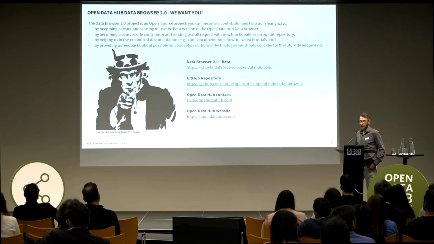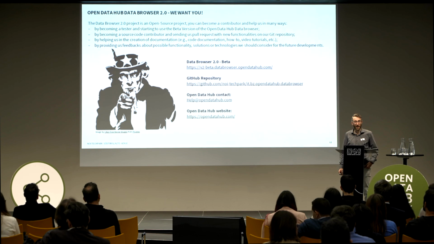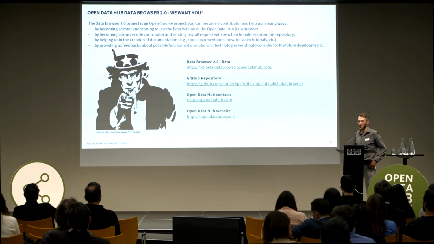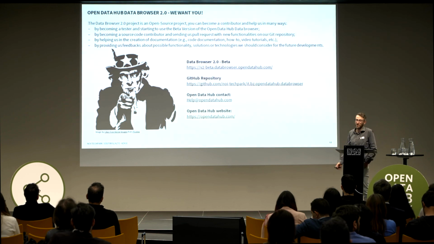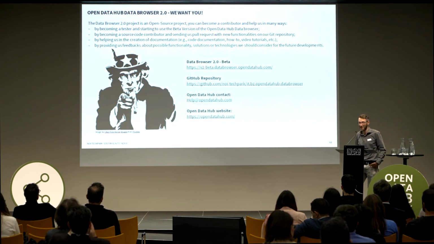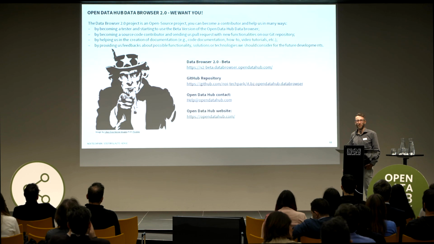So, to conclude, I have presented until now a lot of functionality, a lot of new features. I'm sure that in the background there will also be a lot of bugs. So we need your help to find them.